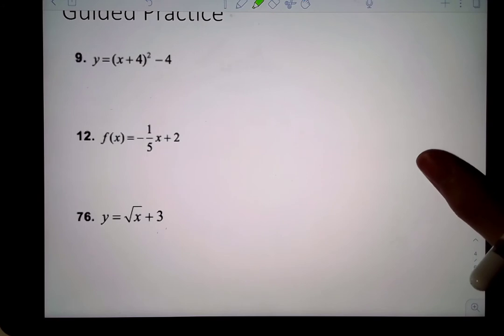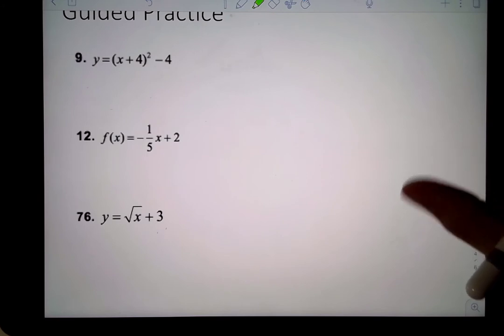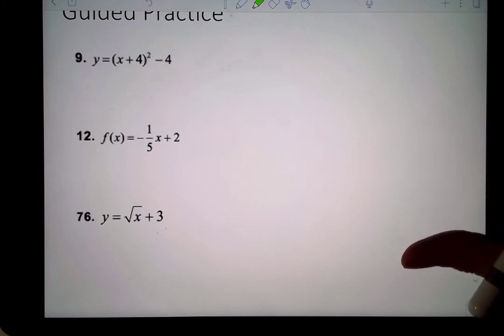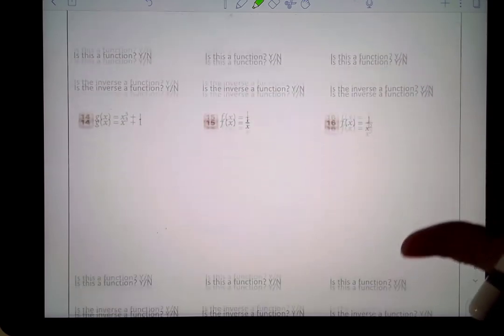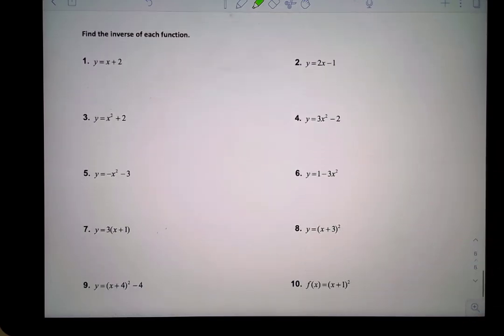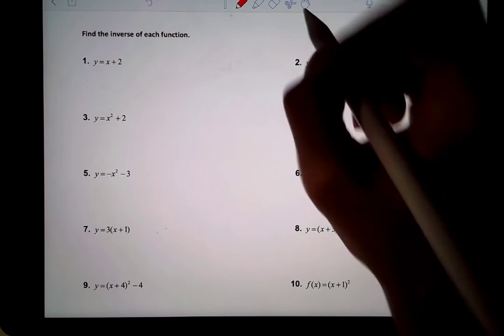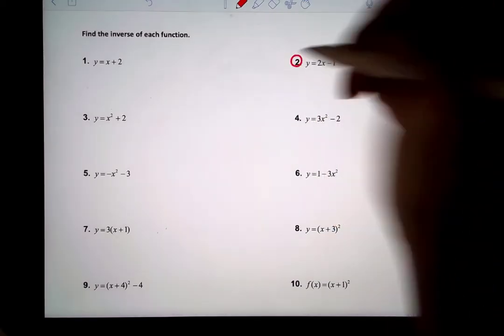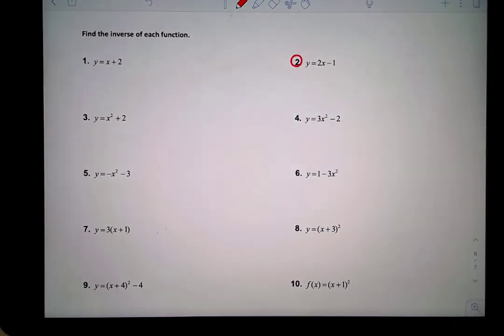So let me try one of your homework. So from here, that's your homework, guys. So let me do number 2. Okay, let's do number 2. So I did this one for you. So number 2. So what do we do? We switch x and y.